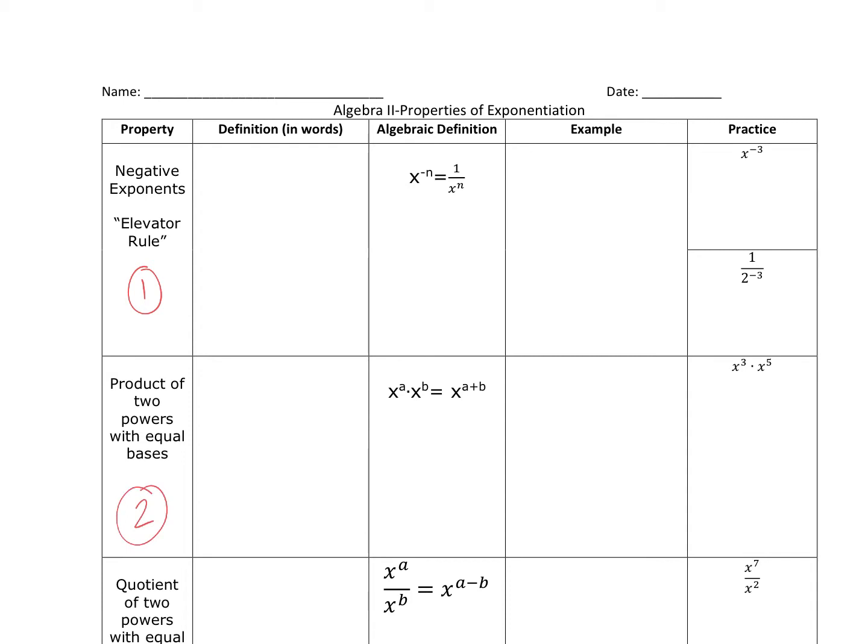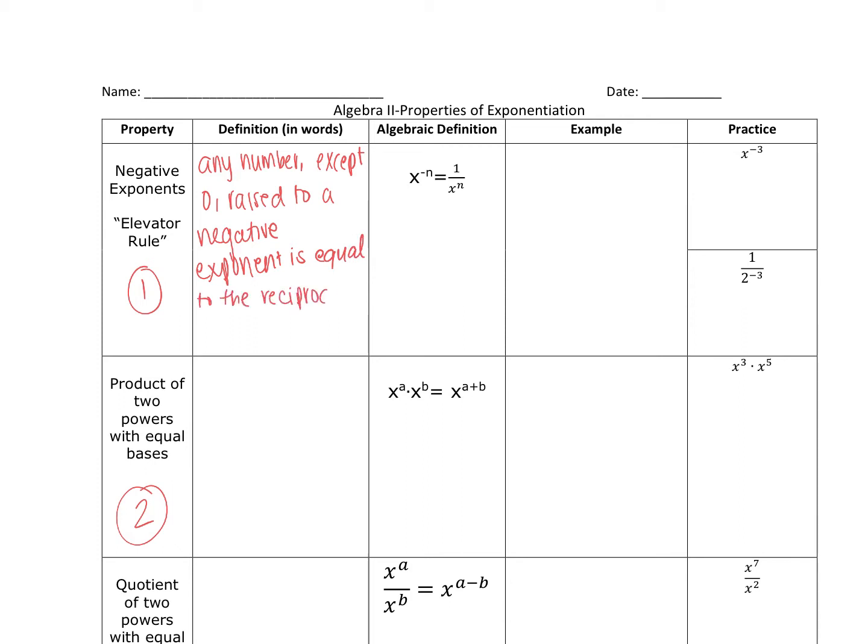So the first rule we're going to learn about is called the negative exponents property, which is also known as the elevator rule. And the definition of the negative exponent is any number except 0 raised to a negative exponent is equal to the reciprocal of the number.